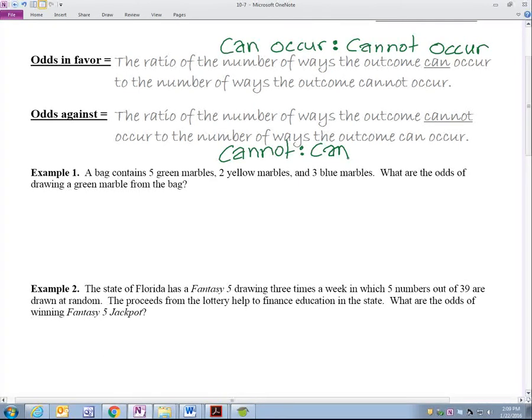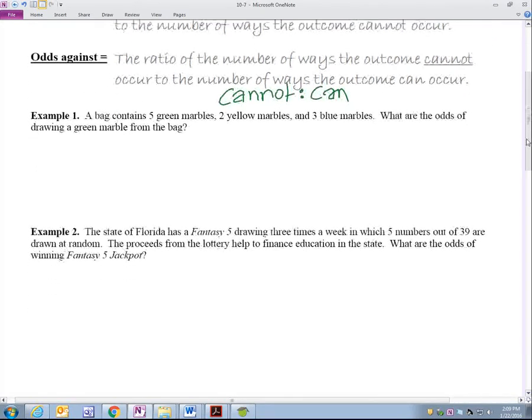So we're going to be doing just odds in favor today, throughout the whole thing. If you are not doing odds in favor of the outcome, then make sure you're indicating that for your answers, if it doesn't tell you to say the odds in favor or against.